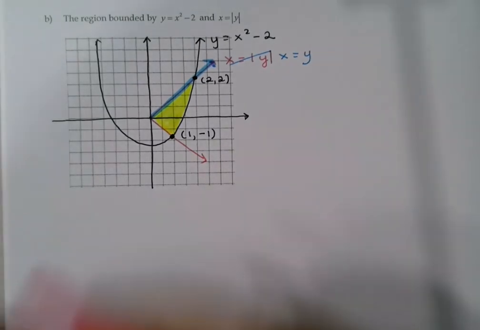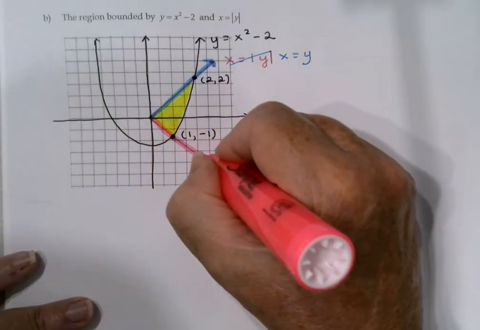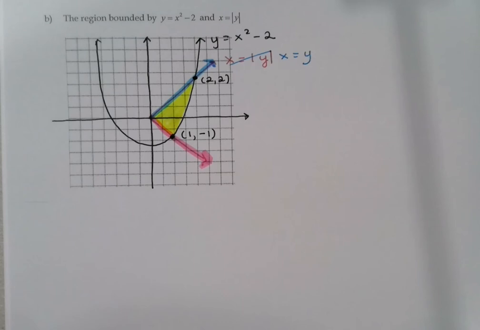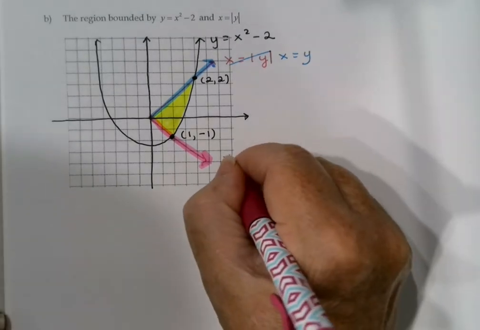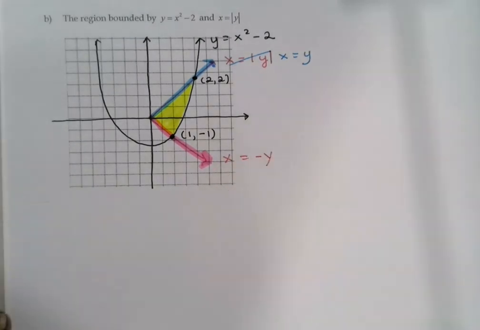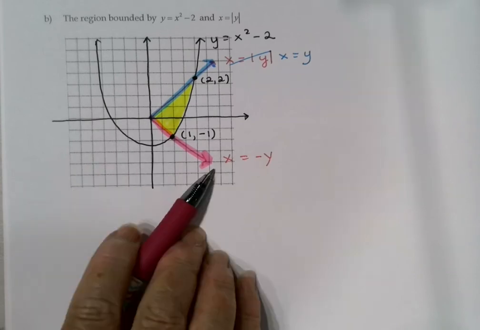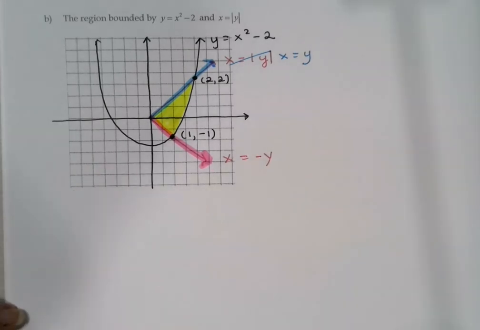Well, this one would be x equals minus y. Right, this one has the positive slope. That one's got the negative slope. And so I'm going to have to think of them as two separate functions, like a piecewise function.